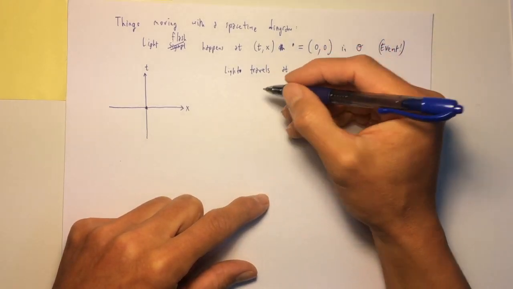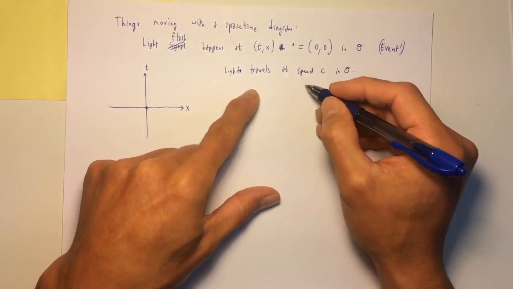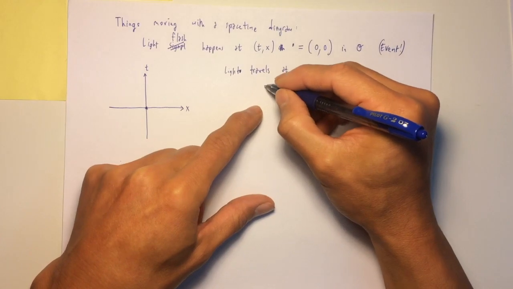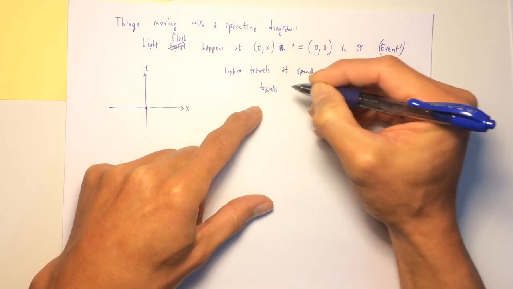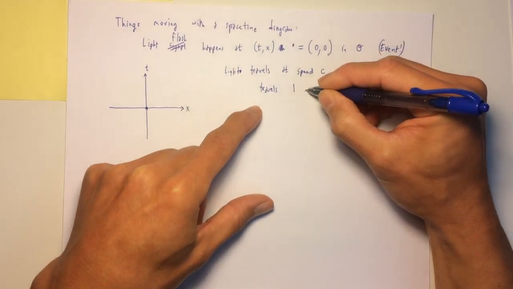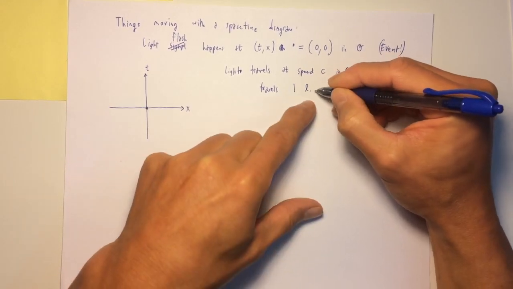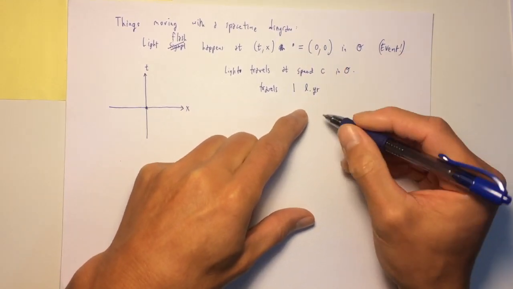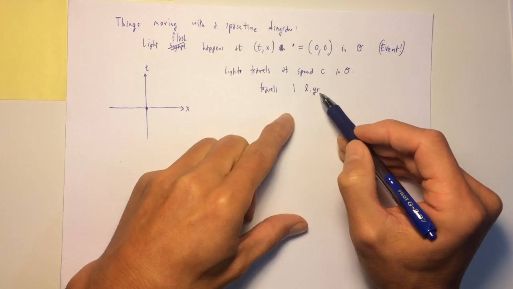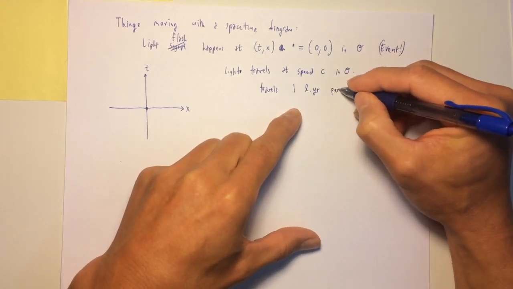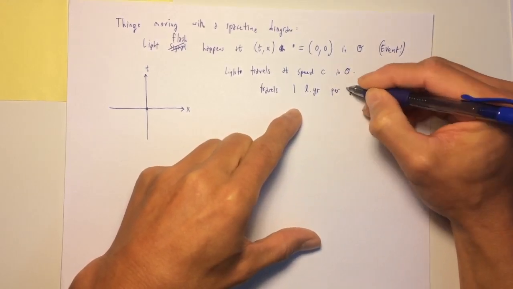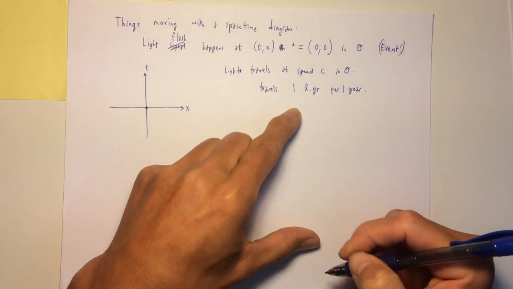But anyways, what this means is, it's interesting. It travels 1 light year per 1 year. This is an interesting unit.